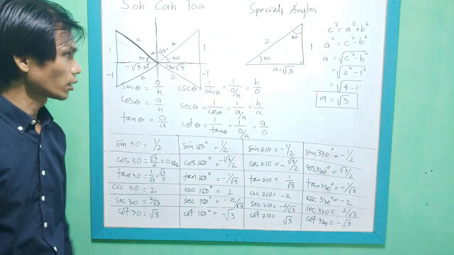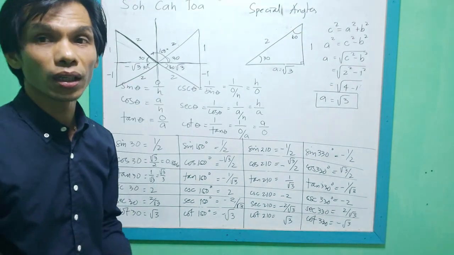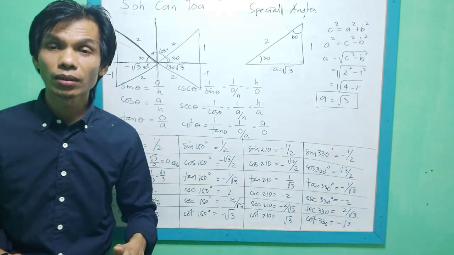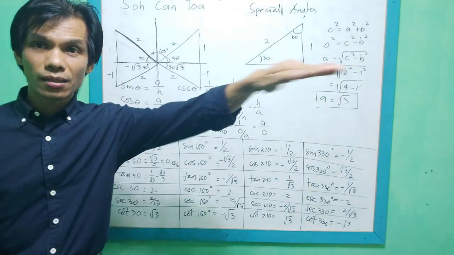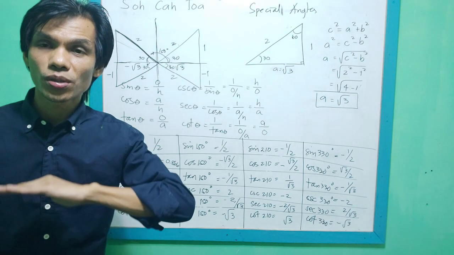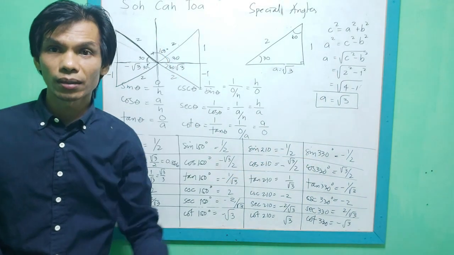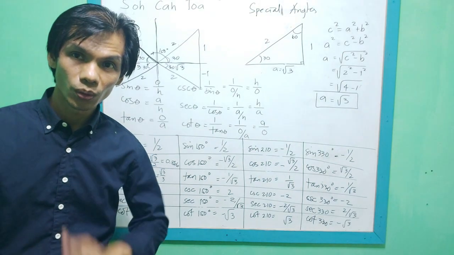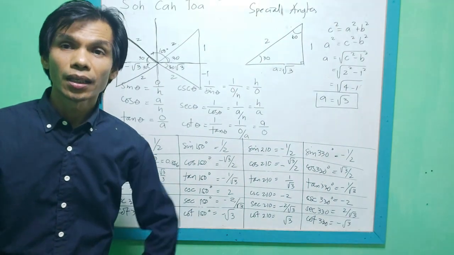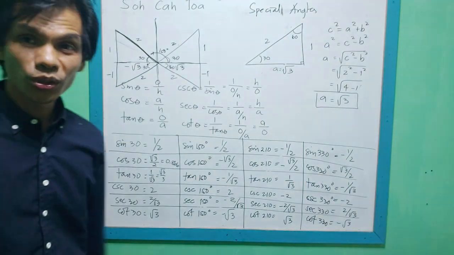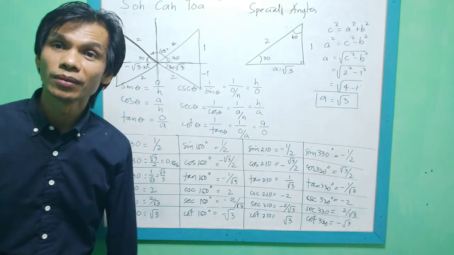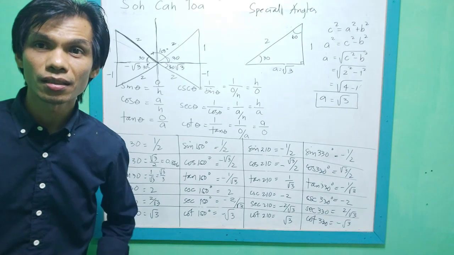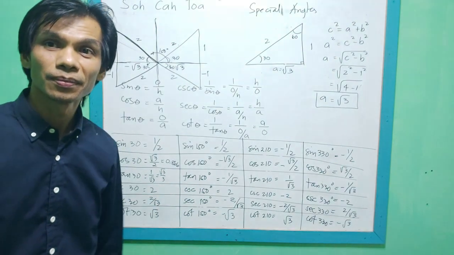Titingnan-tingnan nyo lang din yung kanyang function dito. Basta, ang isipin niyo, ang x ay function ng cosine, ang y ay function ng sine. So, ayun. Now, gusto niyo din yung ating 60 degrees? Sige.